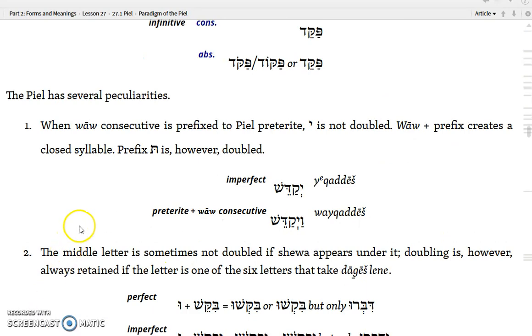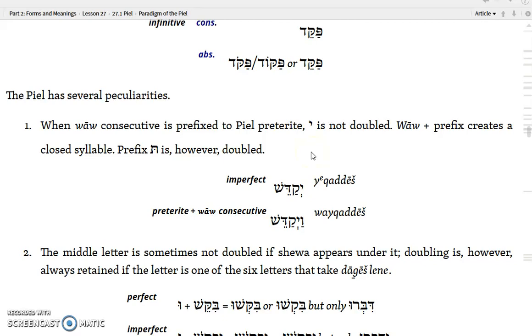So again, some peculiarities of the Piel form. When a vav consecutive is prefixed to a Piel preterite, the yods will not be doubled. And again, that goes back to the Sheva-Levi rule, that you try to double it, but then when you follow it with a vocal shewa, it loses its gemination.